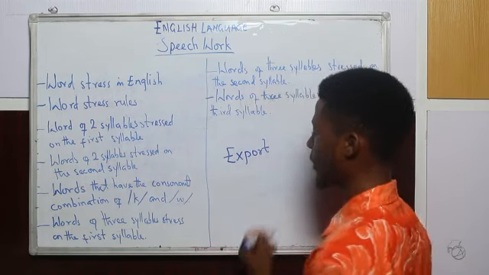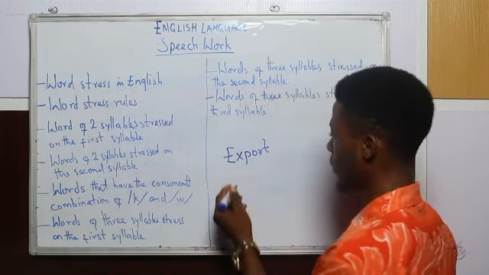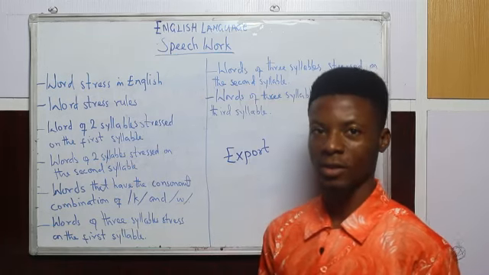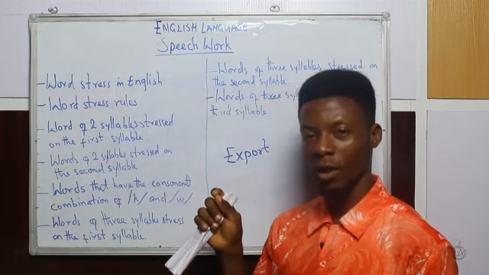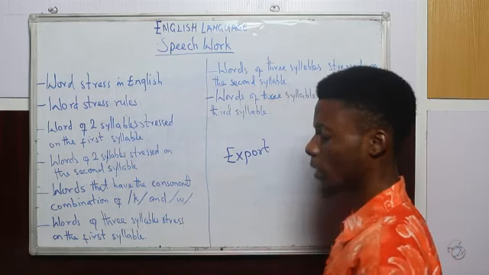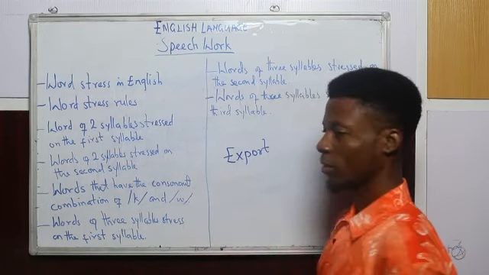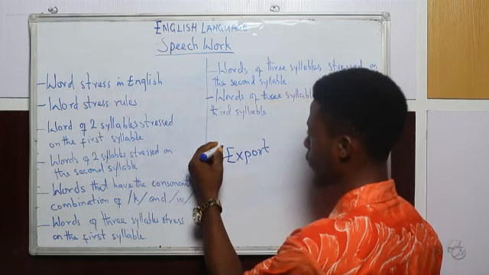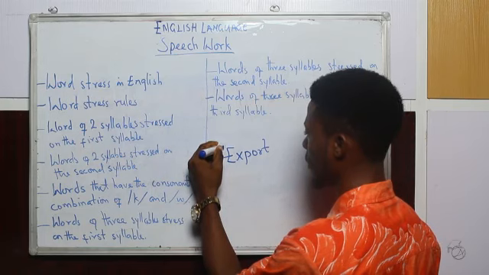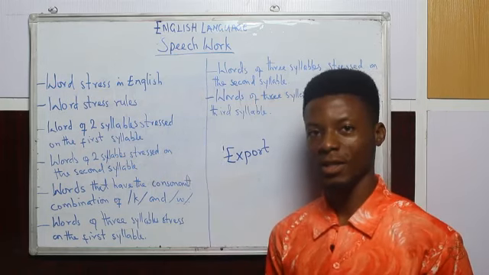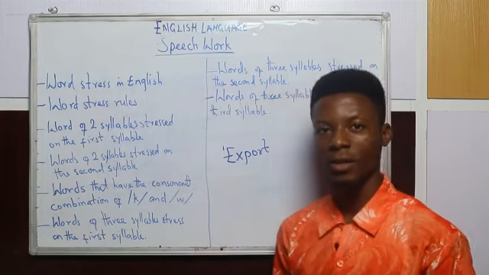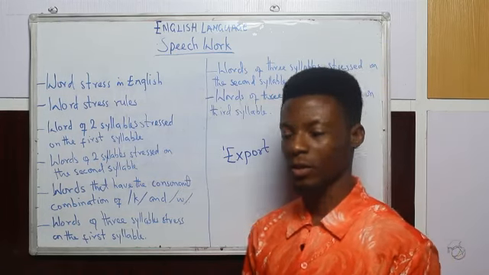If we have it as a noun, the first syllable is going to carry the stress because more emphasis is laid on pronouncing the first syllable, which will be pronounced as export. And the sign of stress is indicated when we look up words in our dictionary. We find this diacritic mark behind the syllable that carries the stress.